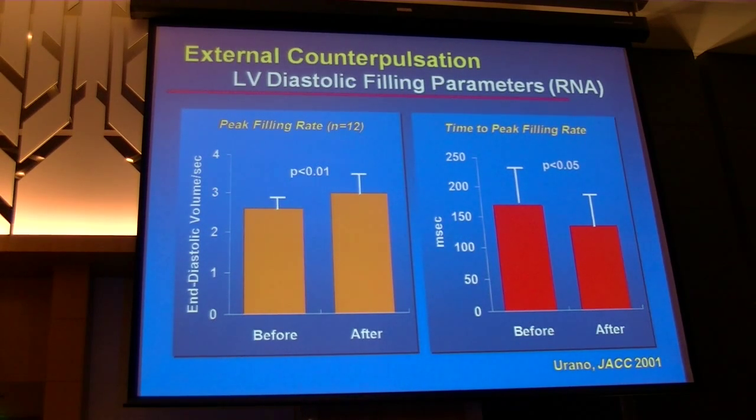And this is reflected specifically in diastolic function with improved filling rates and time to peak filling of the LV, consistent with improved diastolic function, which of course is a major means of impacting our patients with coronary disease in general.